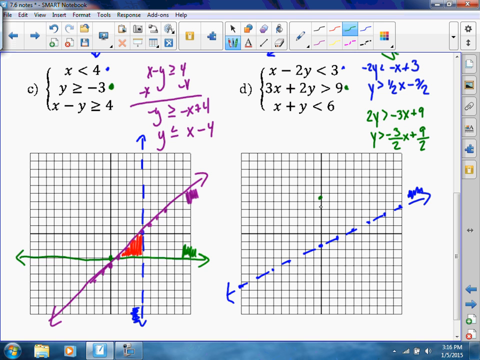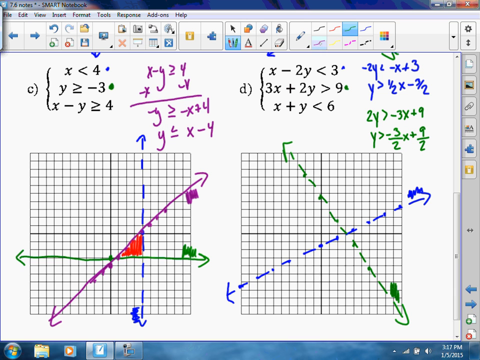And then I'm going to go down 3 whole units and over 2. Down 3 whole units and over 2. So this problem is more challenging not only because we've got 3 lines, but also because we've got these fractions that we have to deal with. But it's good practice. So I want a dashed line, and it was greater than, so I want to shade above the line, so that would be on this side.